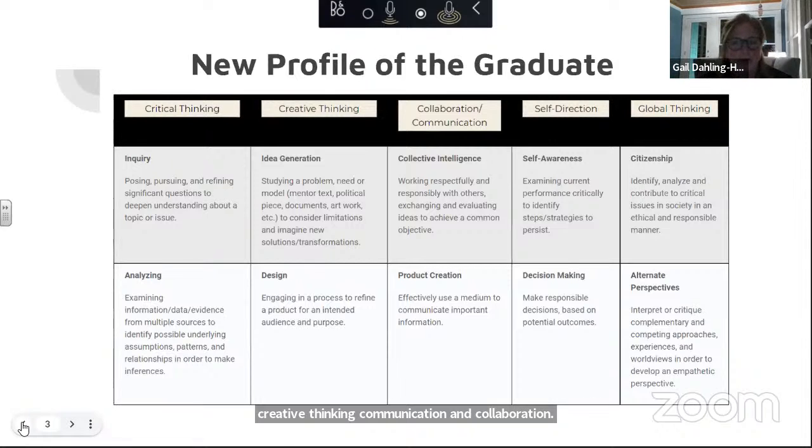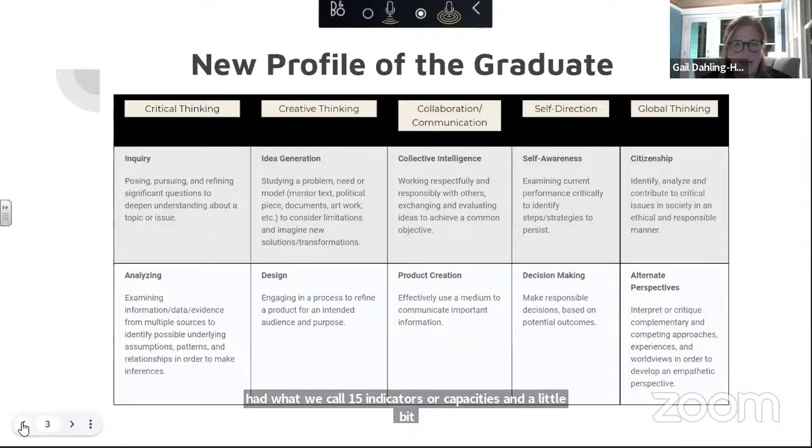We went through a revisitation of the profile of a graduate just before the pandemic. So that was that wonderful year before the pandemic. We had a multi-stakeholder group, including teachers, administrators, students, parents, and board members meet over several days, because our original profile of a graduate had what we call 15 indicators or capacities, and a little bit different headings.